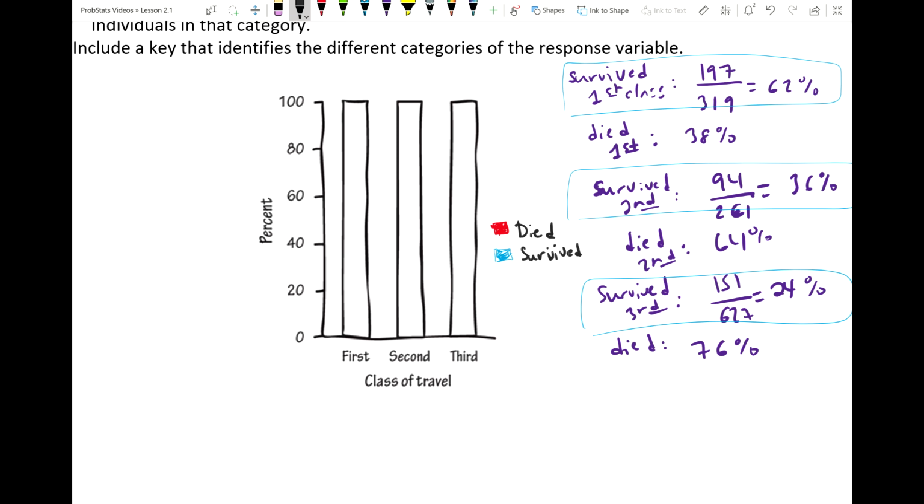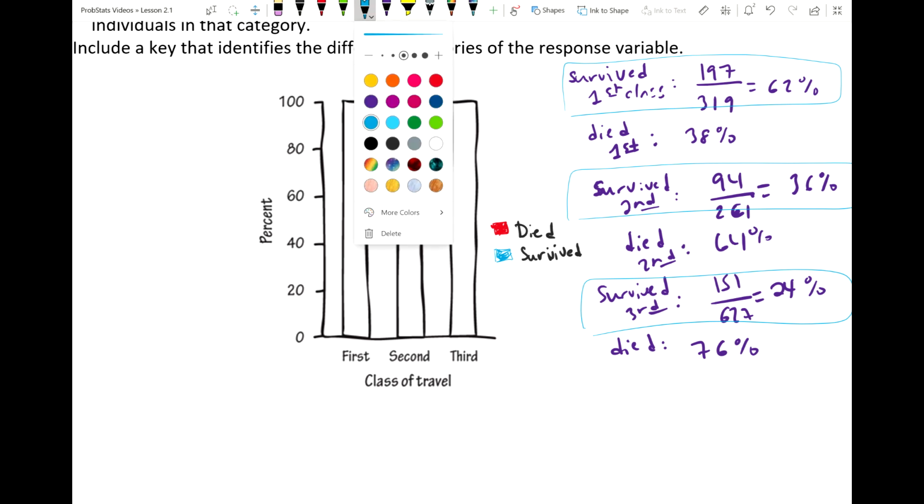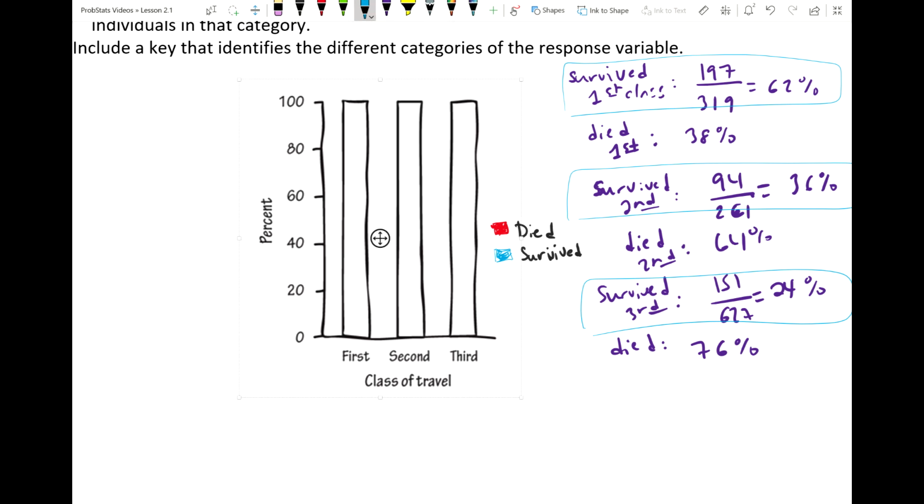And blue is survived. So that's our key. Okay, so if we were talking about surviving, we have 62%, so that's around here. Survived.